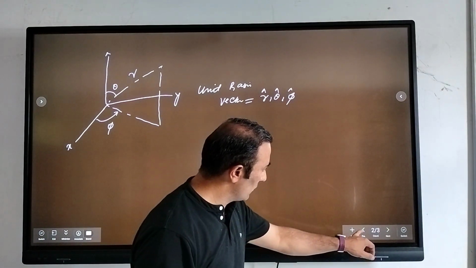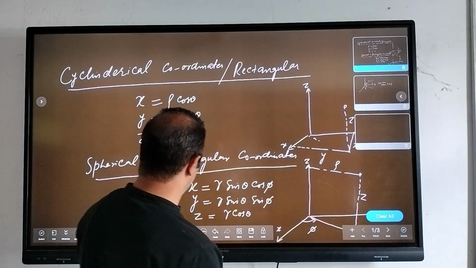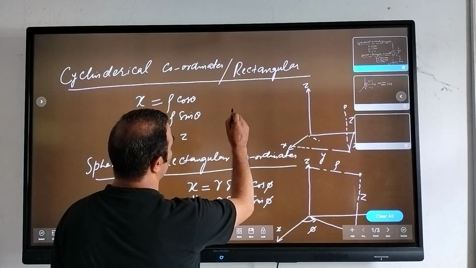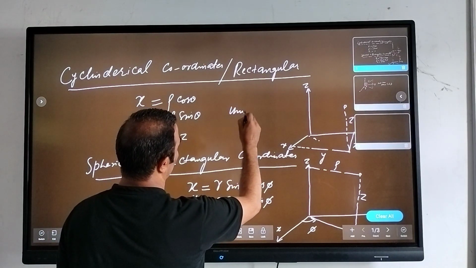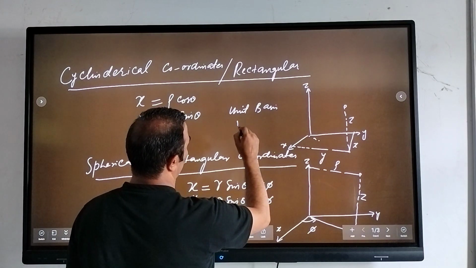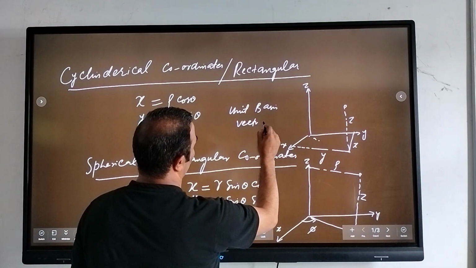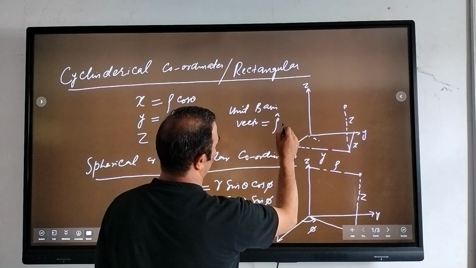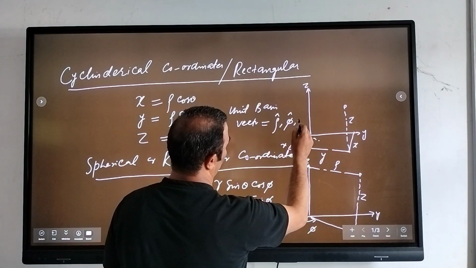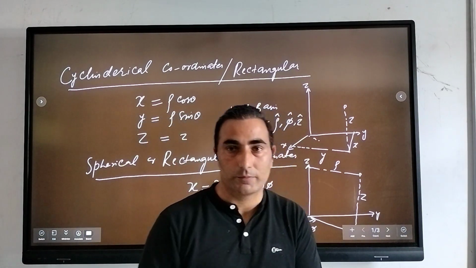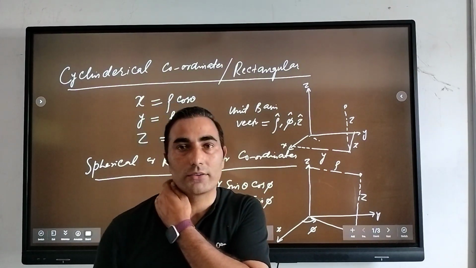And similarly for the cylindrical, the unit basis vectors are rho cap, phi cap. तो ये हमारे unit base vectors है in these cylindrical coordinates, right?